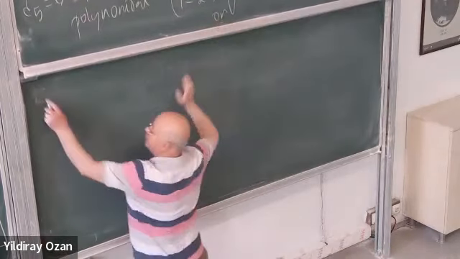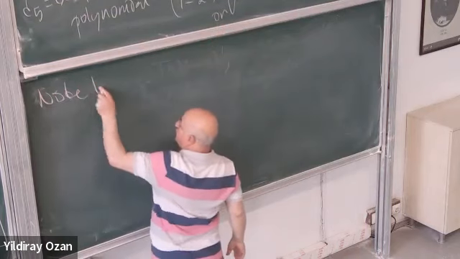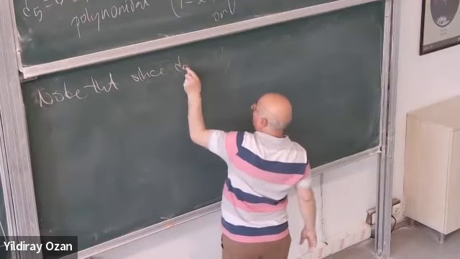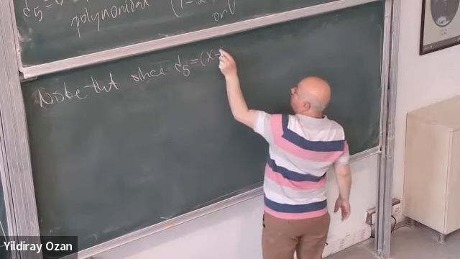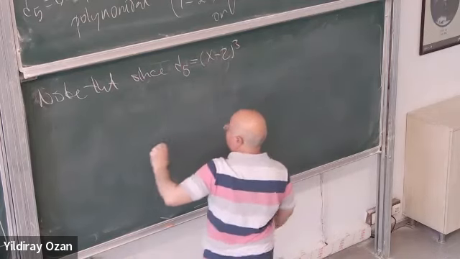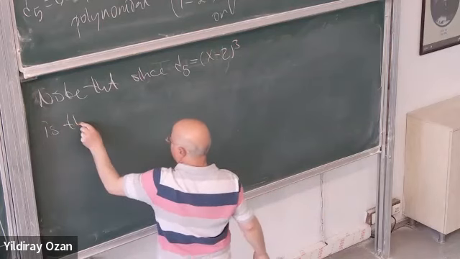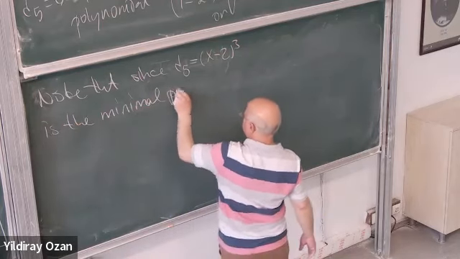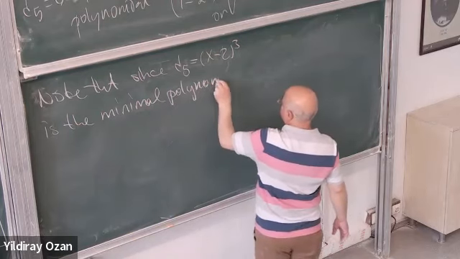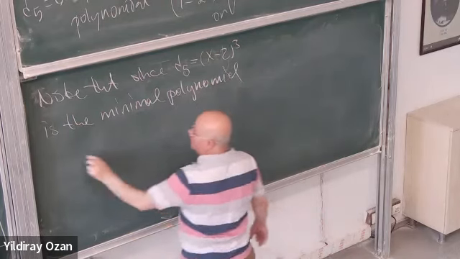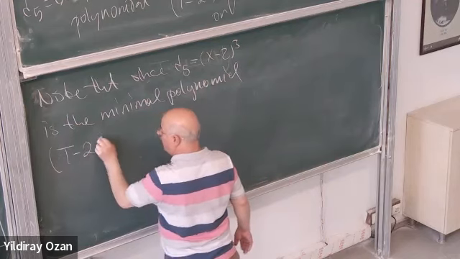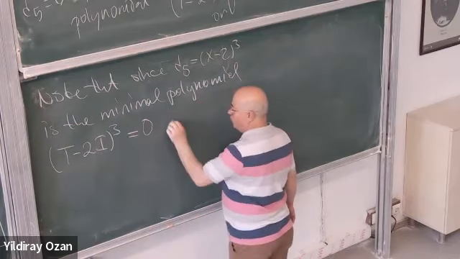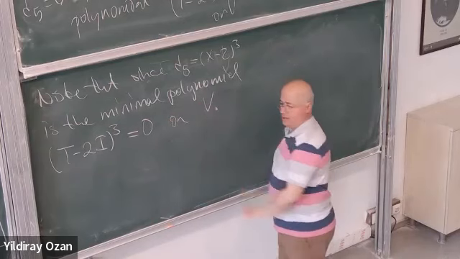Now, note that since x minus 2 cubed is the minimum polynomial, T minus 2 times identity cubed is equal to 0 on the vector space.